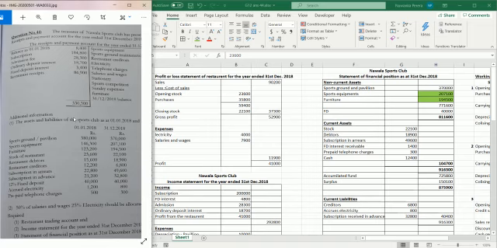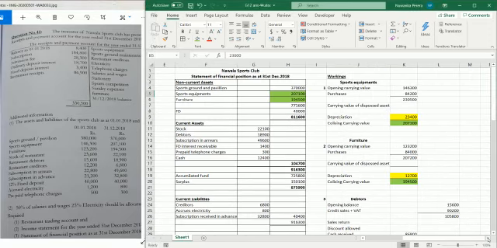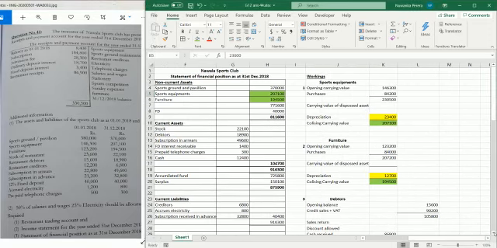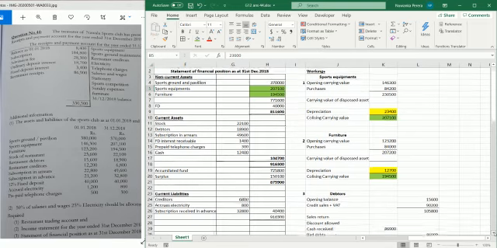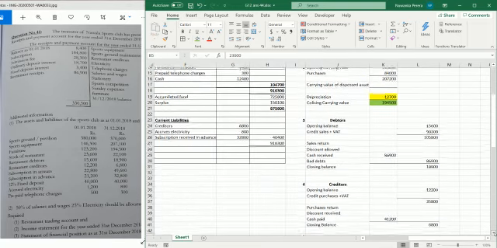Now to calculate this, you can either use a formula or you can use the control accounts, debtors control account and the creditors control account. Now here I have used the formula to calculate credit sales and credit purchases relevant for the accounting period.